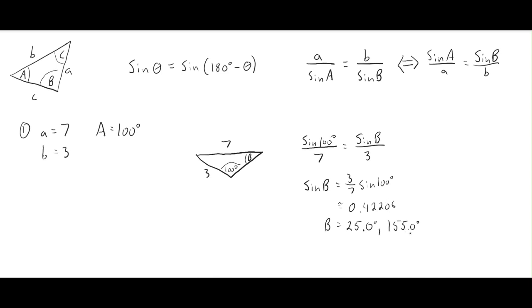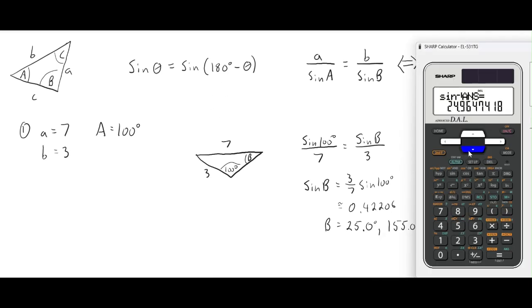So one of those two angles is possible to make this true, because both these angles have the same sine value, because sine of 25 is going to be the same as sine of 180 minus 25.